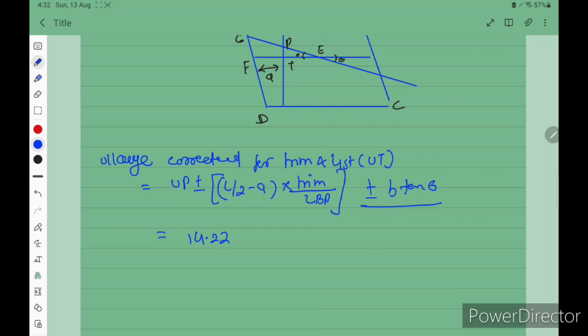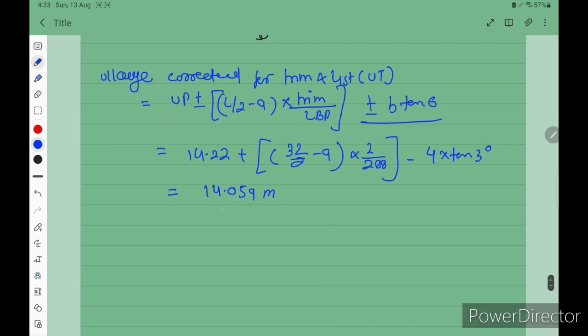The vessel trim by stern, and the location of the radar is also stern. So plus 32 by 2 minus 9 into 2 by 288 LBP. So it is the opposite side now. So we get the corrected ullage by radar gauge.